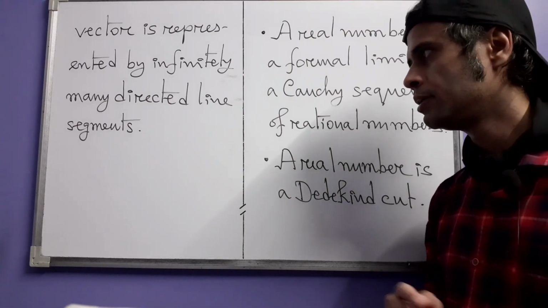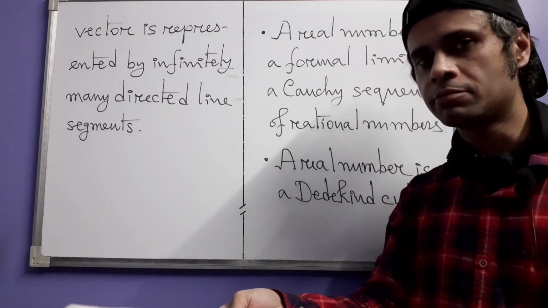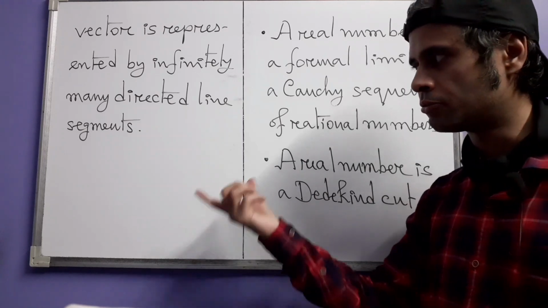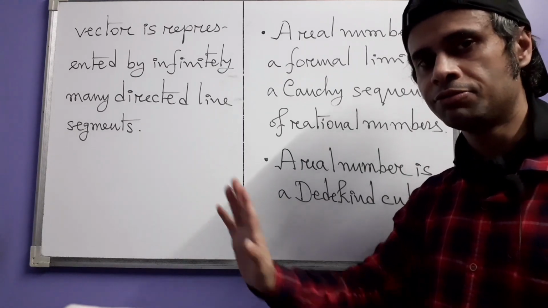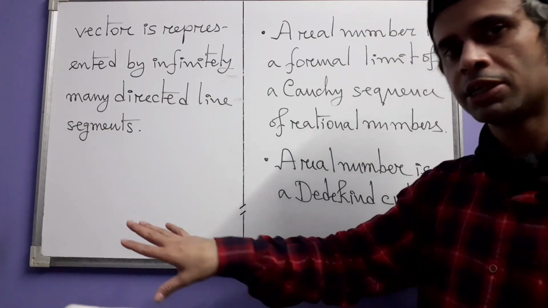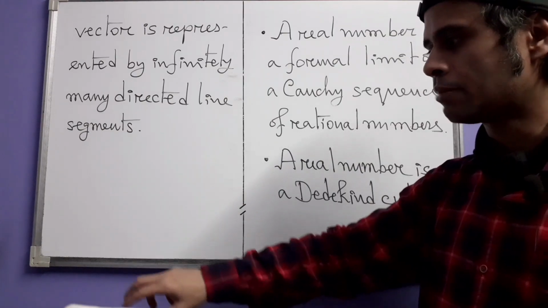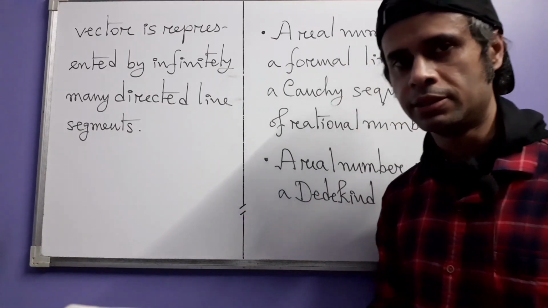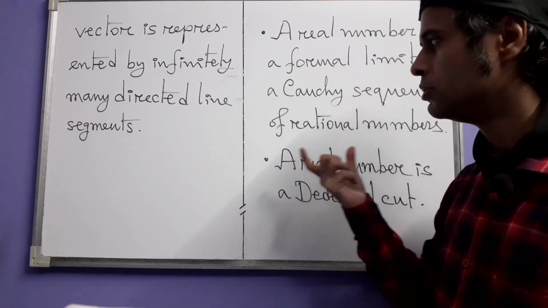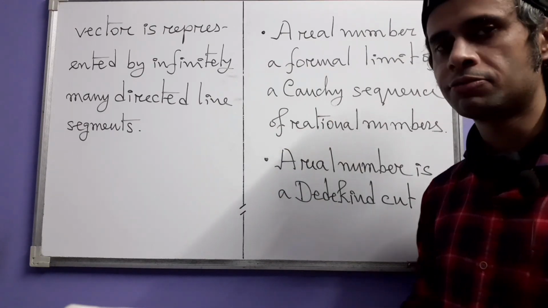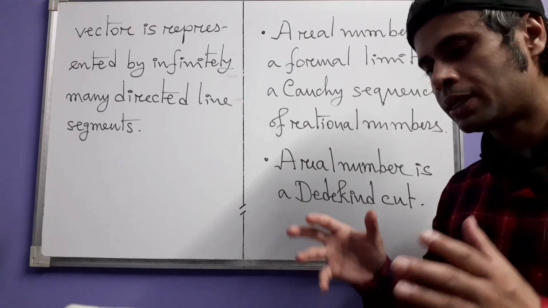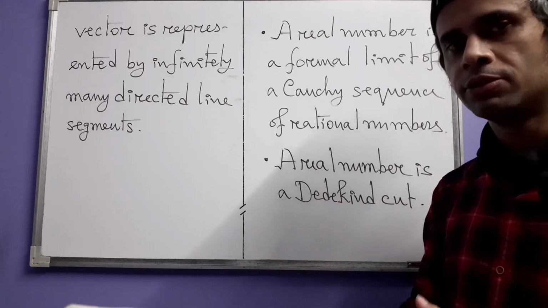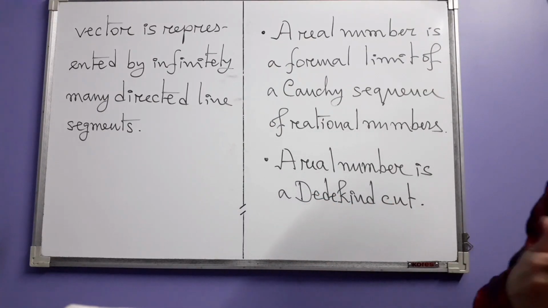Just like that, you can use directed line segments as a geometric model for the vectors that we have defined here, which ultimately themselves capture the idea of vector quantities, or whether you use ordered triples of real numbers as another model for vectors, you ultimately are going to get the same theory for vectors, essentially the same theory.